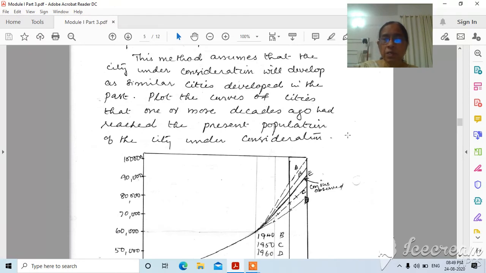For example, if you want to project the population of say Cochin city, we are considering that the city will develop in the same manner as another city of the same demographic and geographic pattern. Demographic means the same death and birth rate, and the population increase in the earlier periods is of the same trend.